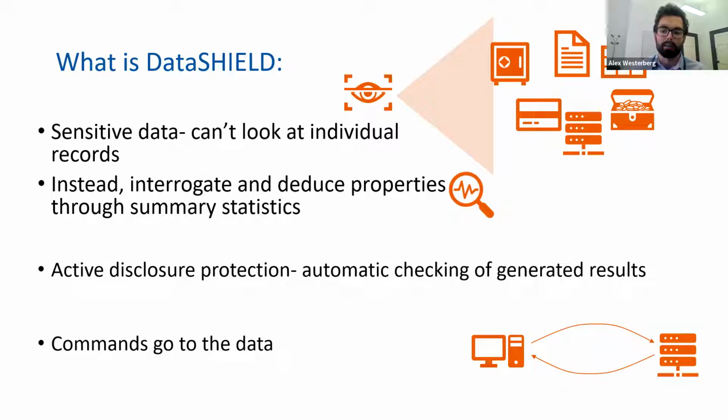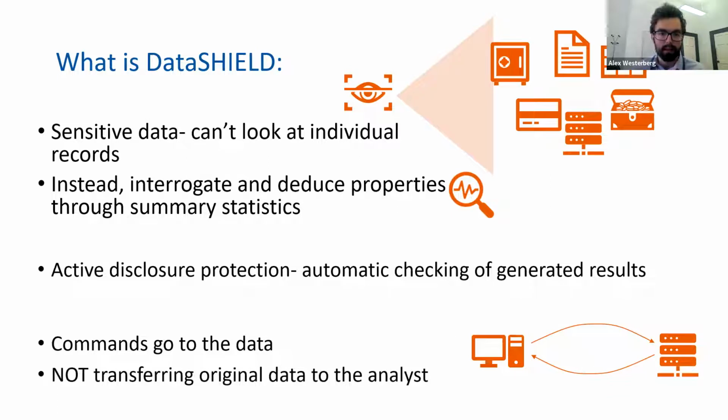The statistical power of your results can increase from that. And the data isn't put at risk by being transported digitally or physically to the researcher. So, a small animation for that.